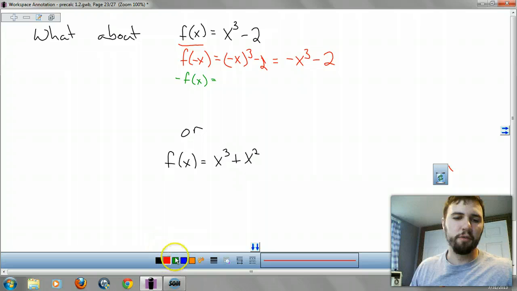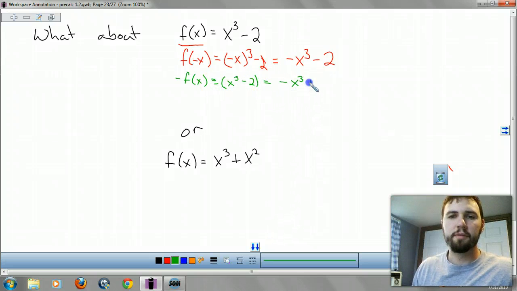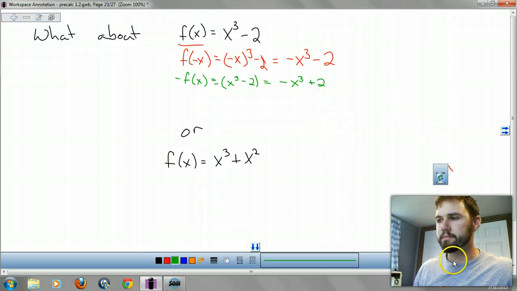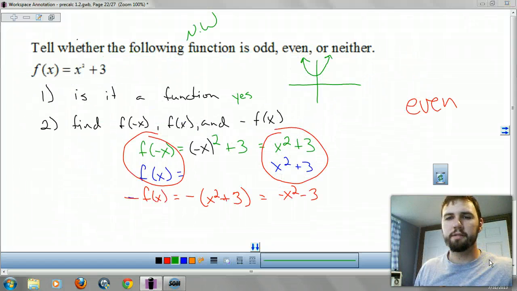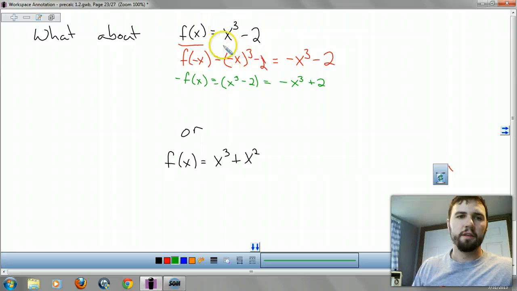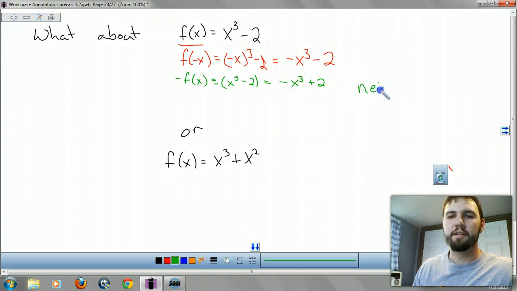Now, for this one, we put the negative in front of our whole function. You get negative x cubed plus 2. Okay? Now, the question is, do any of these things equal each other? Is your negative f of x equal to f of negative x? No, so this is neither.